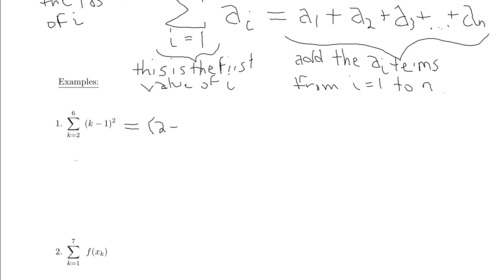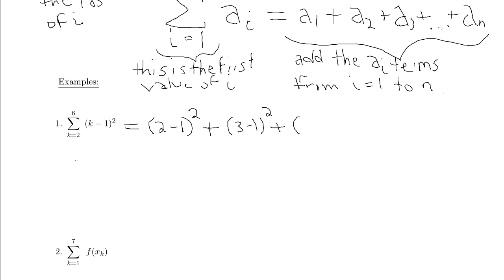So that's (2 minus 1) squared. Now k doesn't need to equal 2 anymore because I've already plugged it in. So now k equals 3, and I want to put a plus sign in between each term. So it's (2 minus 1) squared plus, now k is equal to 3, so we have (3 minus 1) squared.